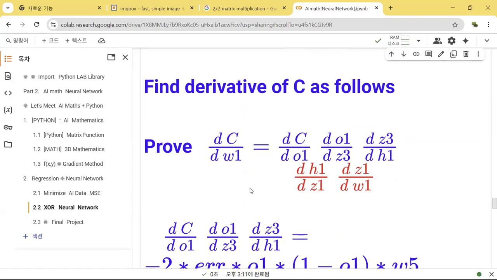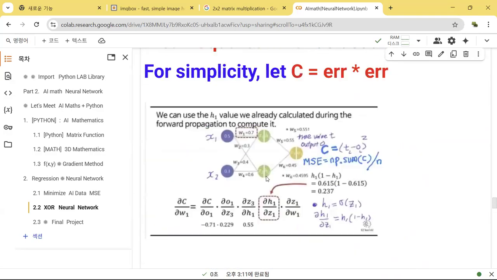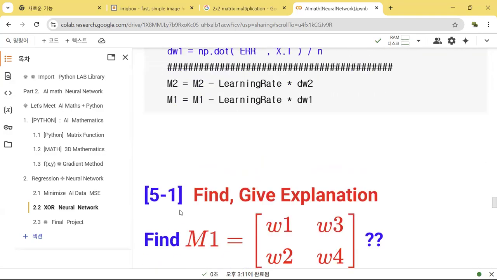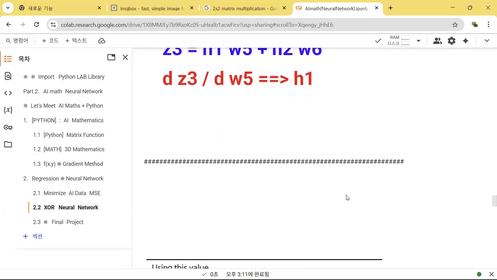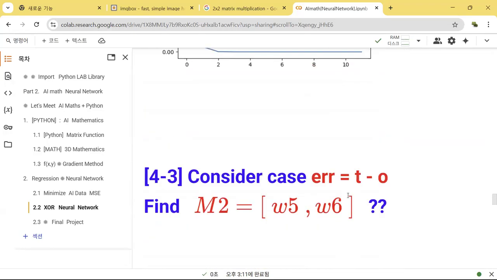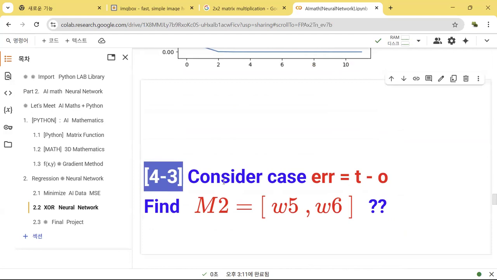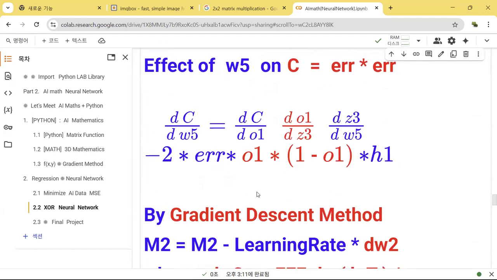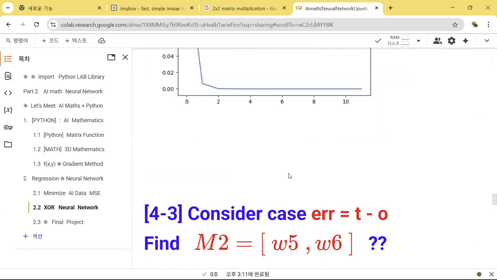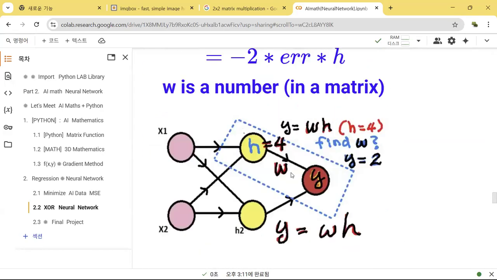Just study this one to answer the problem. First solve problem 5. Let's go to problem 4.3. 4.3 also has an answer. Then study this equation. And then how about 4.2?